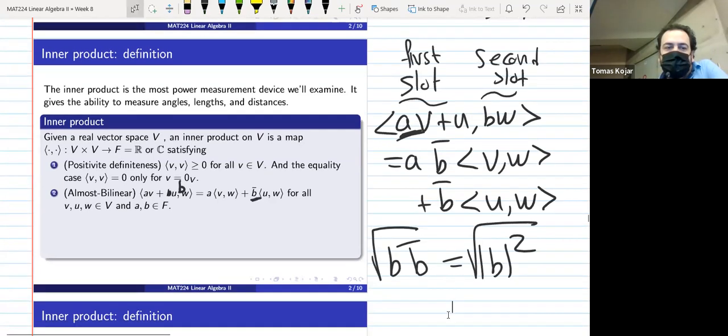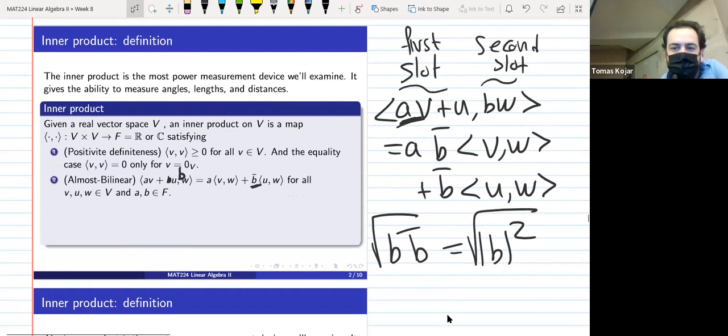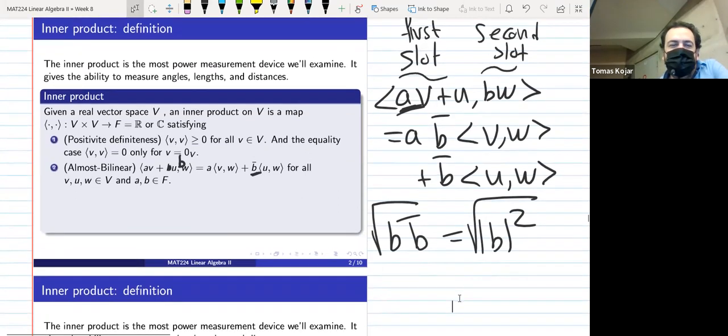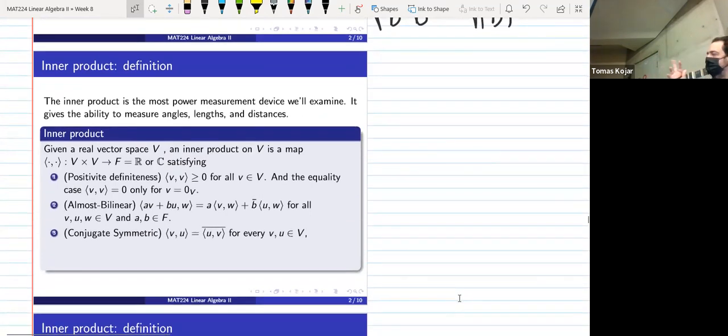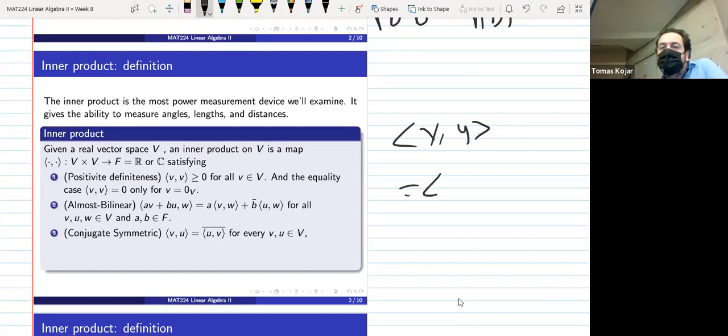So you need almost bilinear. And then you have conjugate symmetry. When you flip your entries, x, y, you get yx. Again, let me remind you of the conjugate. People forgot maybe.